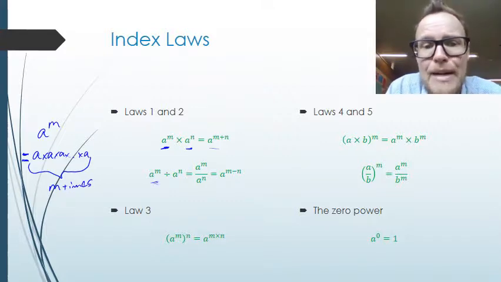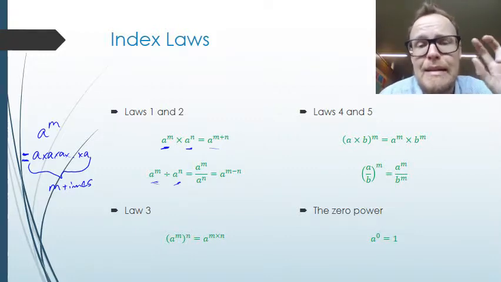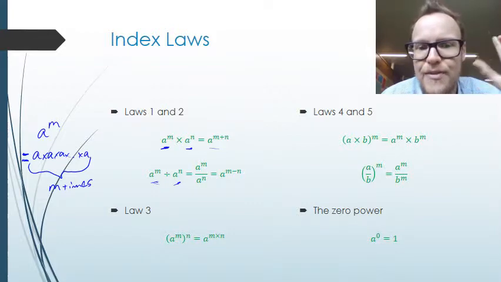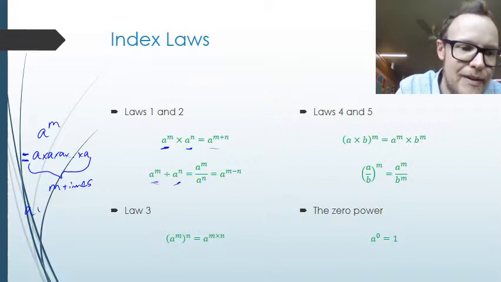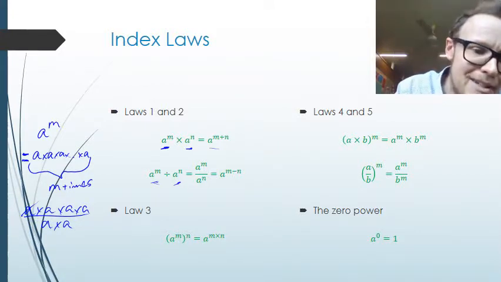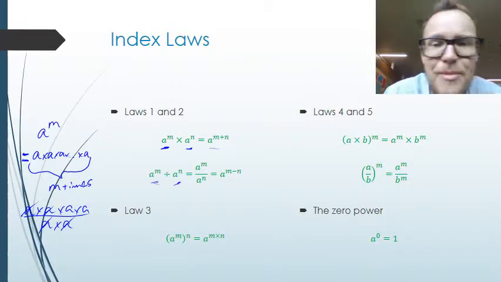If I've got m a's and then I divide by n a's, that means I'm finding values of a to cancel, because a divided by a is just 1. So each time I find a matching value, for example, if I've got a times a times a times a, and divide that by a times a, this is a to the power of 4 divided by a squared, then I can cancel one of them, and cancel another one, and I'm left with 2 on top.